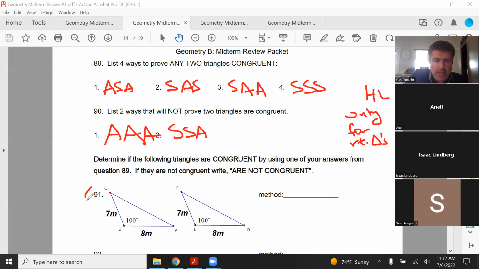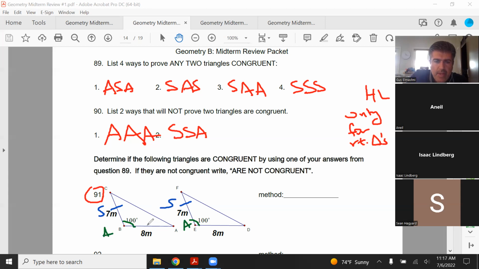Okay, let's look at 91. In 91, you're told to determine if they're congruent and then give a reason. If they're not, then say why not. Well, here we have a side, so put an S. Here you got an angle, so put angle.